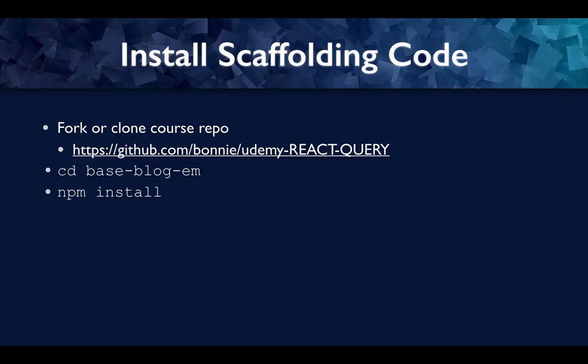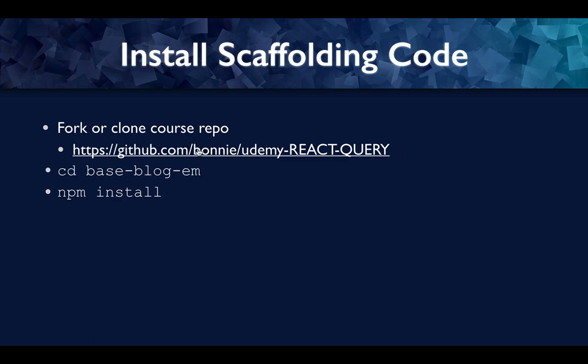So I have some scaffolding code that you can install. In general, I have a lot of scaffolding code for this course. I don't want to make you type out or watch me type out any code that's not related to React Query.